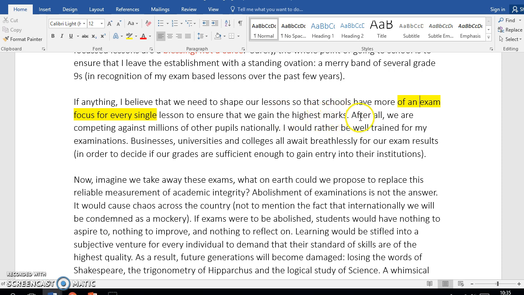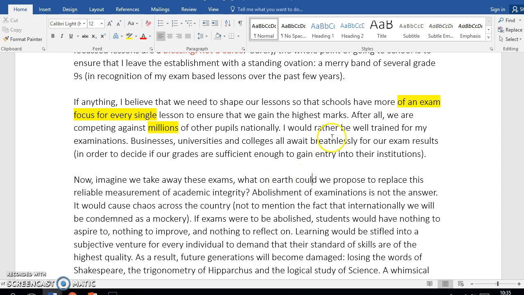"After all, we are competing against millions", so the student is trying to use statistics now, "of other people's nationally. I would rather be well trained for my examinations." And then we've got the references to professionals and professional establishments: "businesses, universities, and colleges all await breathlessly for our exam results."